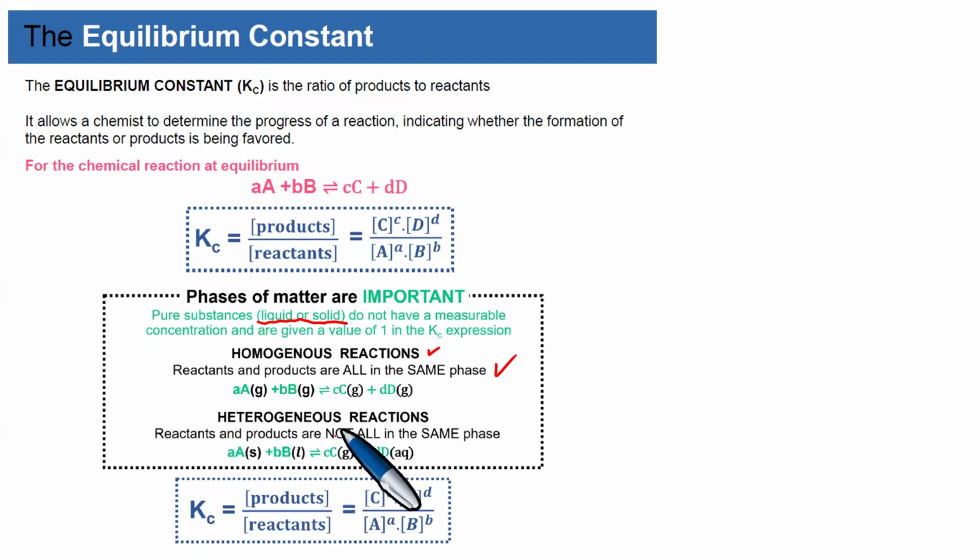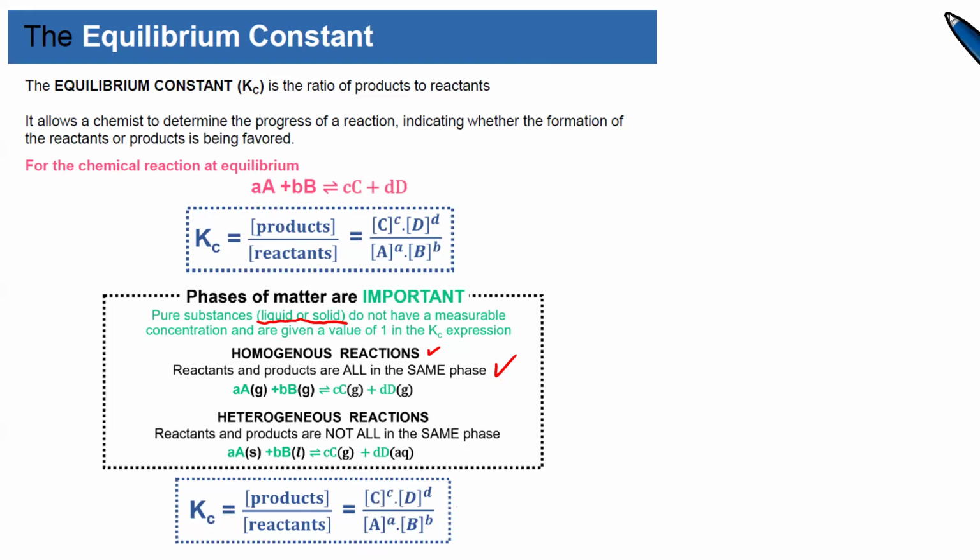Now, let's look at heterogeneous reactions: the reactants and products are not all in the same phase. So now we have aA plus bB, forward and reverse reactions, and cC plus dD. But you can see A is in the solid state, B is in the liquid state, C is a gas, and D is in the aqueous state.